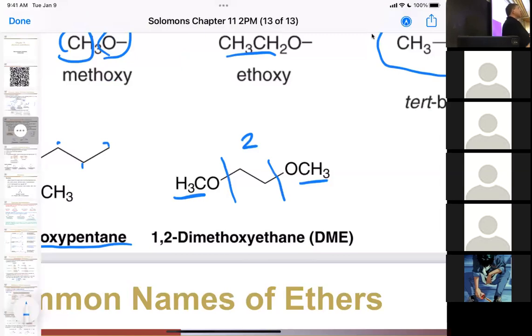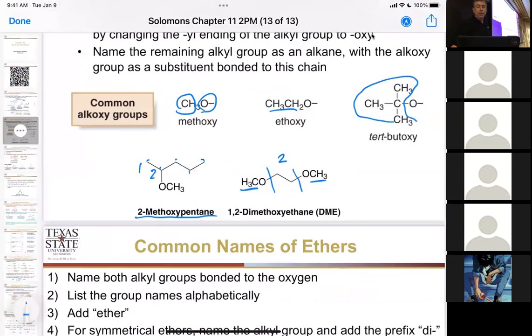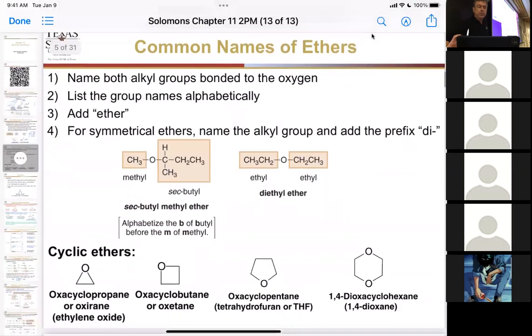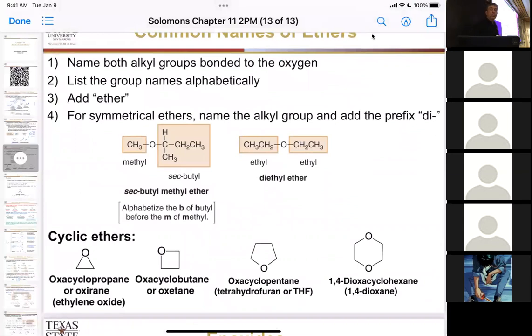Okay, always a substituent. Now there are a bunch of common ethers that are really used a lot, and so we're going to have to learn how to name those too. So for anything that is unsymmetrical, you're going to take the group on one side, the alkyl group that it is. So in this guy, it's 1, so it's a methyl group. Notice we don't have methoxy here because we're naming it.